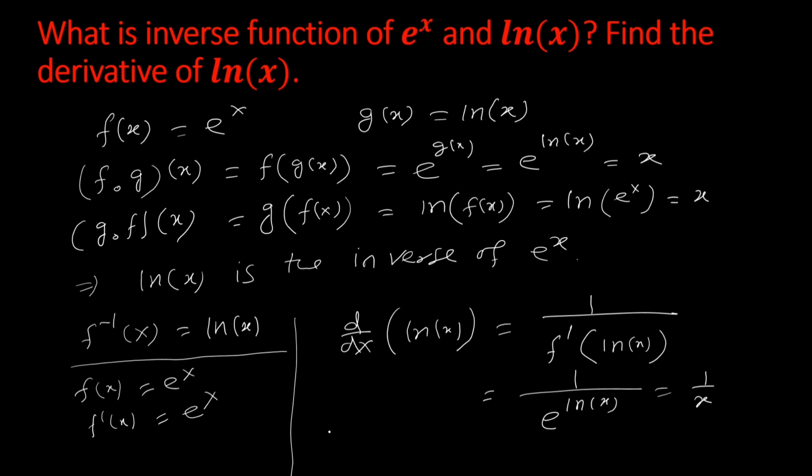And if we generalize this, d dx of ln h of x, for any function h, will be 1 over h of x, and then the derivative of h of x by the chain rule.